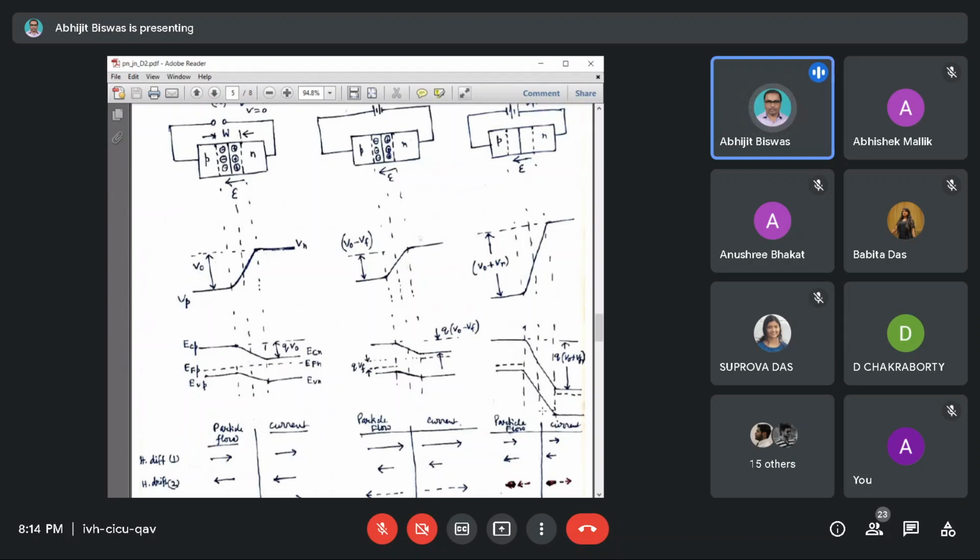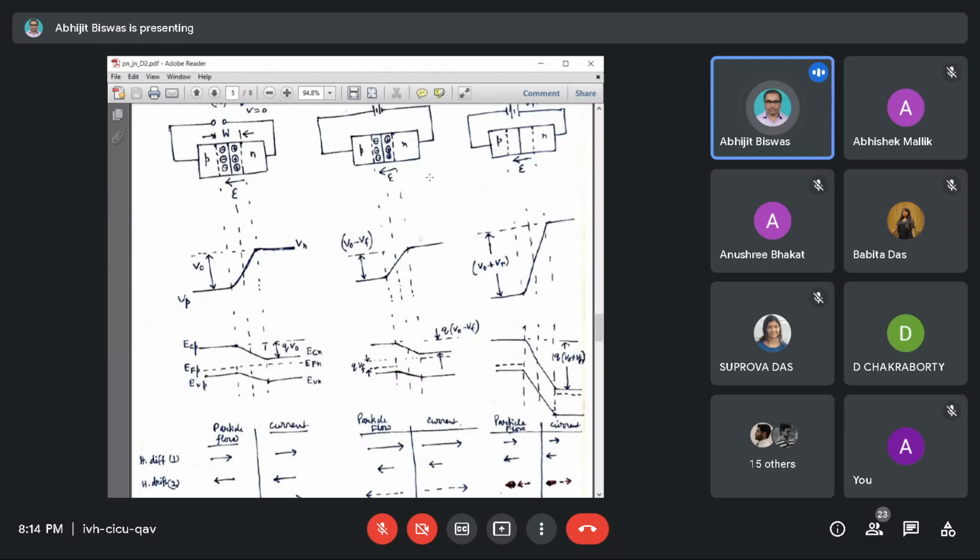Because this barrier height is what obstructs the diffusion current. Some carriers which can surmount this barrier height can only come from one side, means for holes from p side to n side, and for electrons from n side to p side.